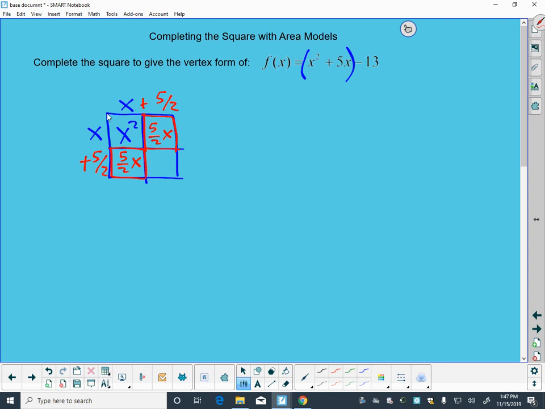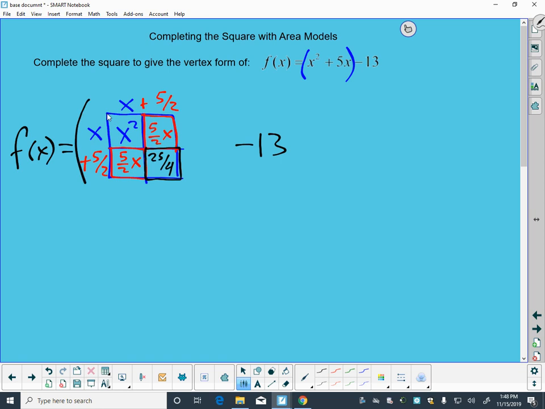Now, this is almost a square, except that this bottom right-hand corner has nothing in it, but we know what should be in there, and that is 25 over 4. But if we're trying to compare what we have here so far to what we had in the beginning, first of all, we need to have a minus 13 out here.